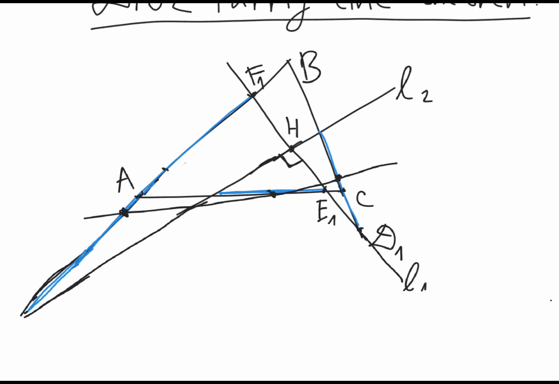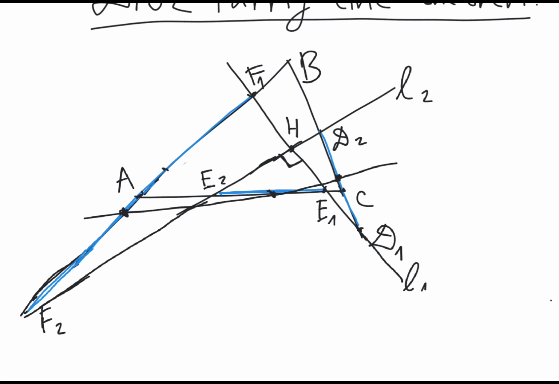So the line L1 intersects the sides at the points D1, E1, and F1, and the line L2 intersects the sides at the points D2, E2, and F2.